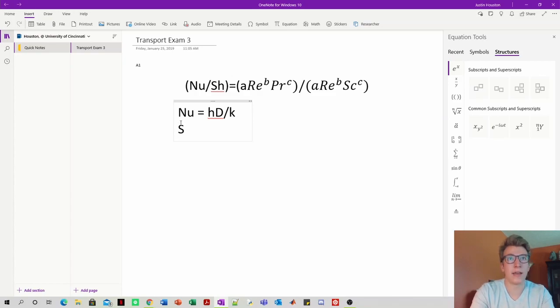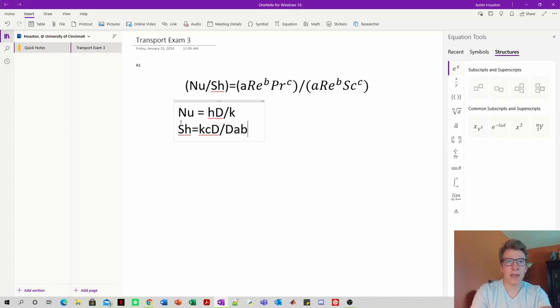We also know that the Sherwood number is going to be equal to the mass transfer coefficient, which is Kc, times the diameter again all over the diffusion coefficient DAB.